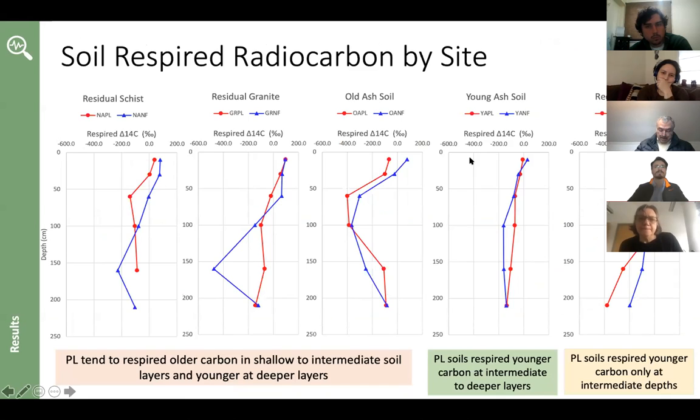In the young ash soil, we don't find much of a difference except at these depths, but they seem very similar. And in the recent ash soil, they're very similar at the surface. Then the plantation forests become younger in the subsurface and older at deeper layers.